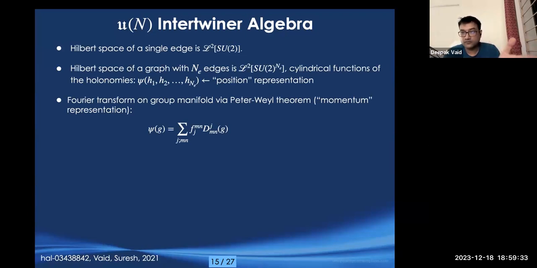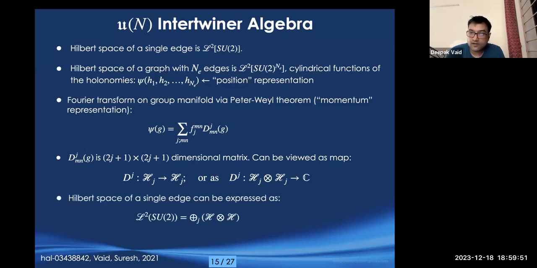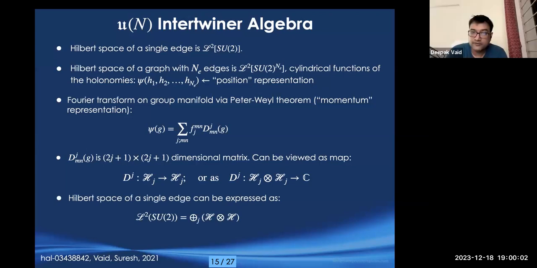The group manifold is like the position space, and the momentum space is like these Wigner matrices. These Wigner matrices can be viewed in this way. And this construction, I think I showed you once before, but in case you might not remember, I can remind you.